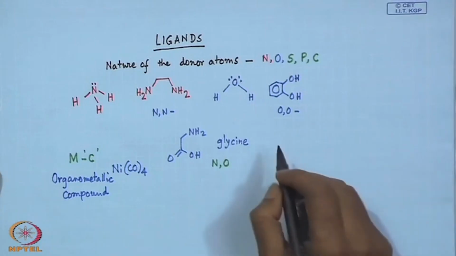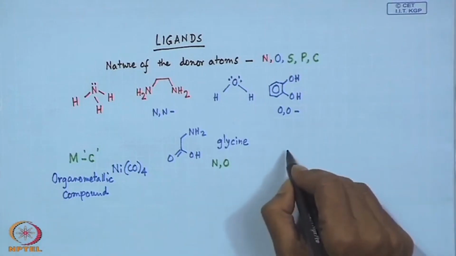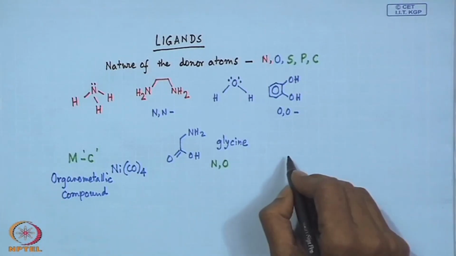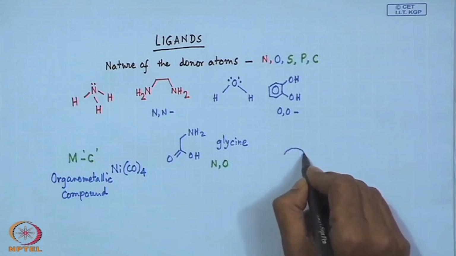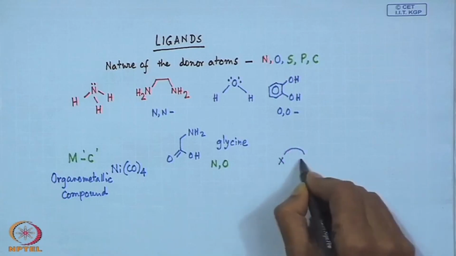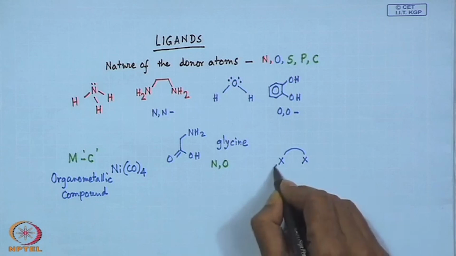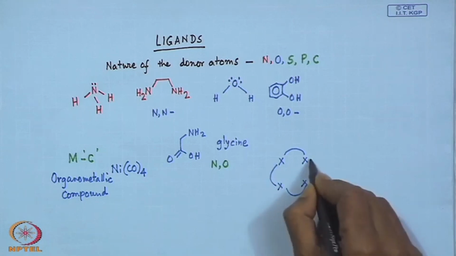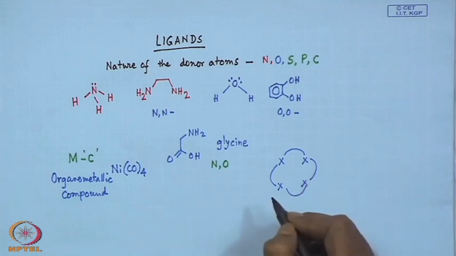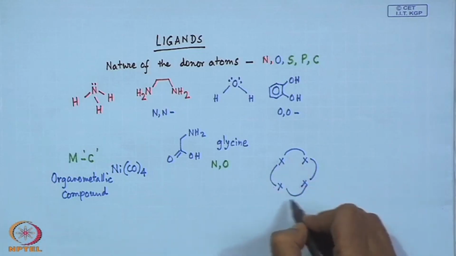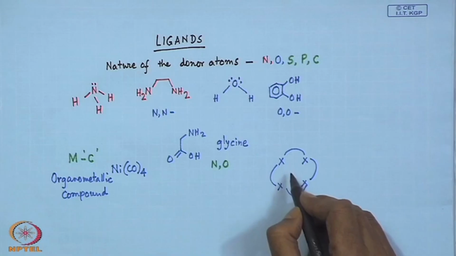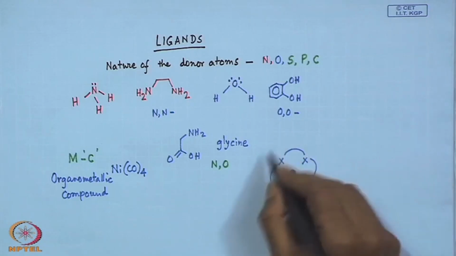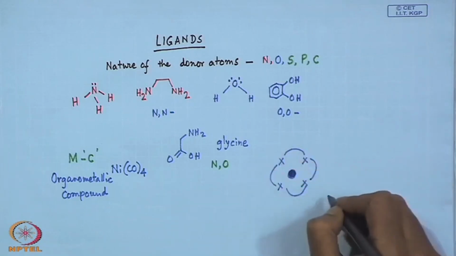So, all these ligands are present in a typical backbone. If X is the typical donor point, we can encircle all the 4 donor atoms like this and put the metal center at the center, and we get a bigger cyclic ligand.